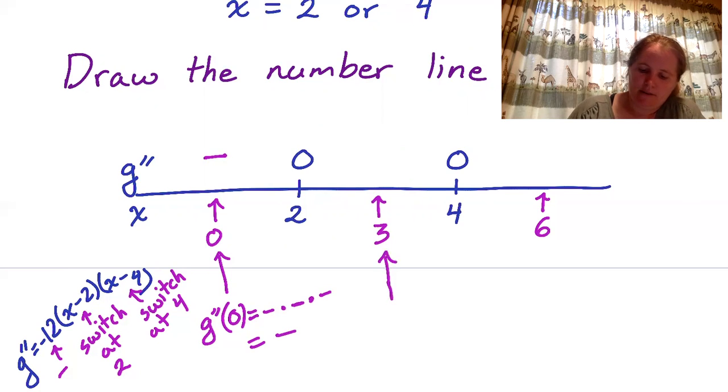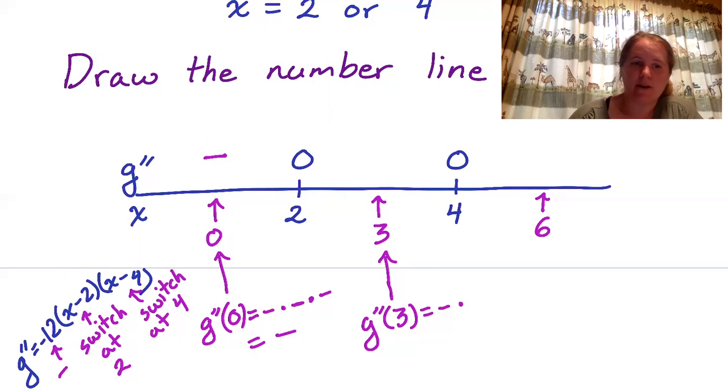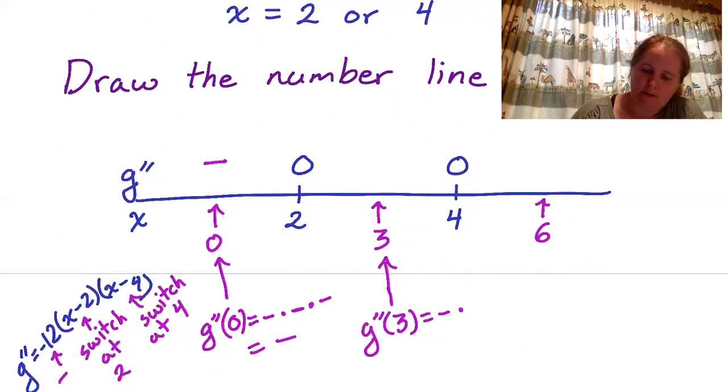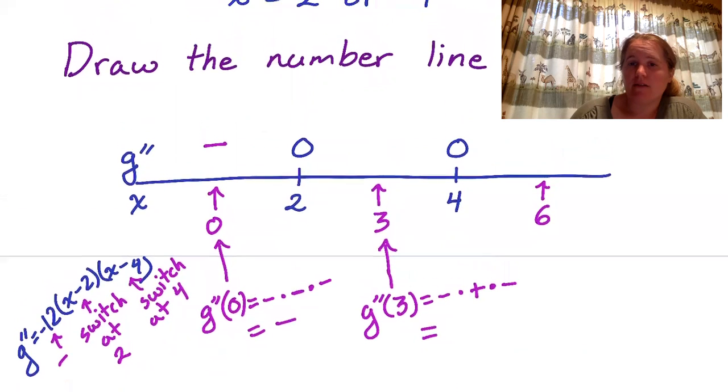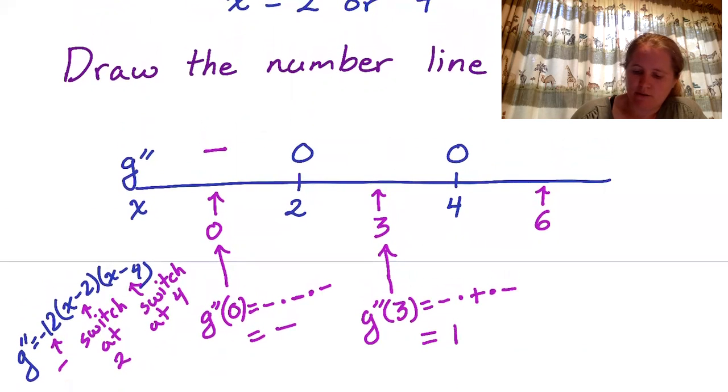For 3, second derivative evaluated at 3. Again, that negative 12 is always going to contribute a negative piece to our factor. 3 minus 2 is now positive. But that 3 minus 4, we're still at negative. And negative times negative, we have an even number of negatives. So we get a positive output.